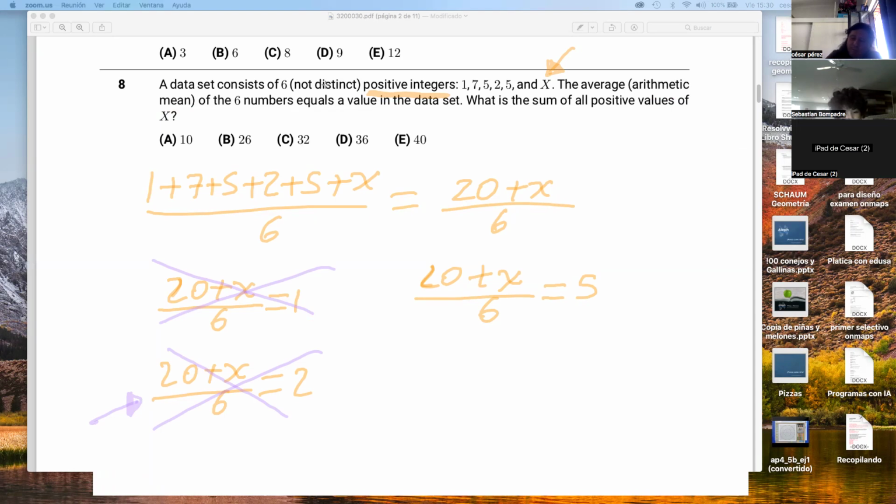So maybe this. That's if x is 10. Okay. So we need another.